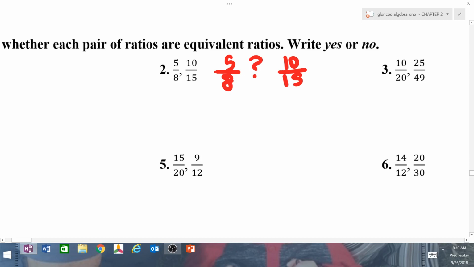Okay, so we're all trying this one right now. Find out if they form an equal proportion. So remember to cross multiply.